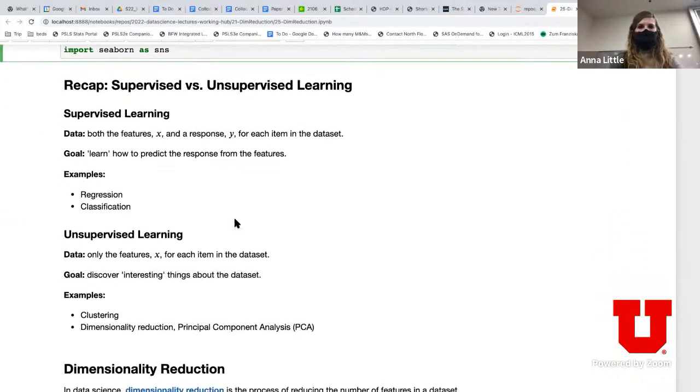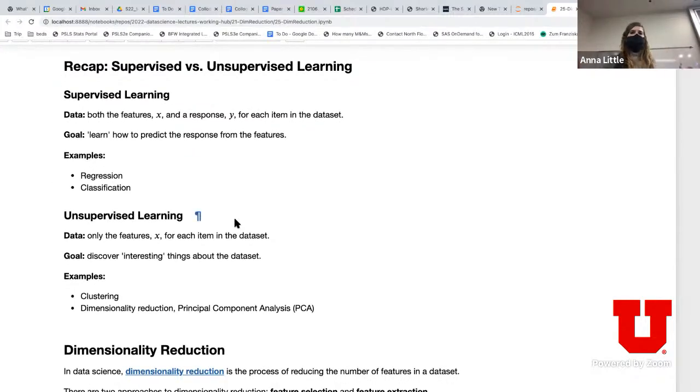Okay, so just to put this in the broader context of what we've been learning in the course, we've had this kind of partition into methods for supervised learning and methods for unsupervised learning. In the supervised learning context, we have features X, and we have a response variable Y that we want to predict.